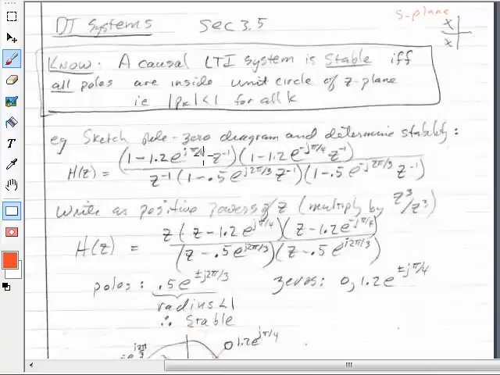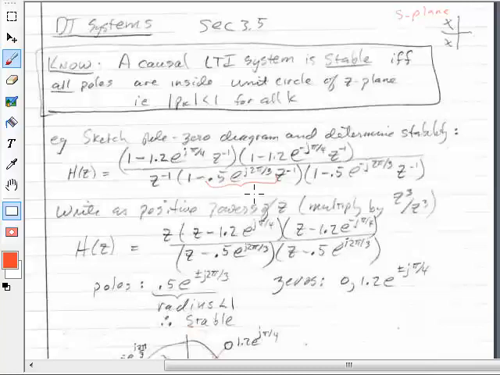Here's an example where I've written H of z, and I've factored it. There's a complex zero, and these always occur in complex conjugate pairs. So this zero is the complex conjugate of that zero, because this is a plus j, and that's a minus j. The denominator also has complex poles.